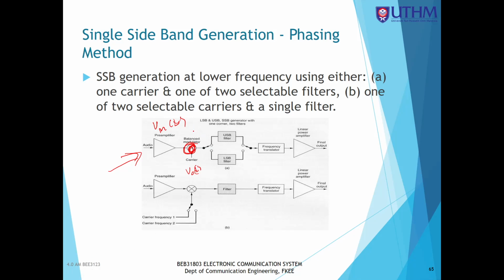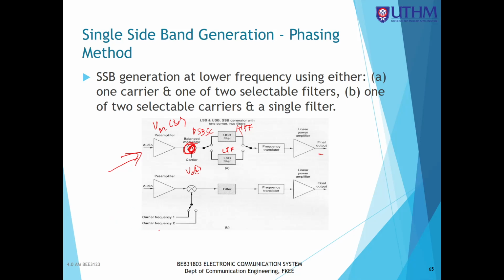The balance modulator produces double sideband suppressed carrier, and then we can choose using a filter, which is an upper sideband filter and a lower sideband filter. This is a low pass filter and this is a high pass filter, HPF. So we can choose which sideband we want to maintain, and then it goes to the frequency translator, and then we amplify the signal and transmit.